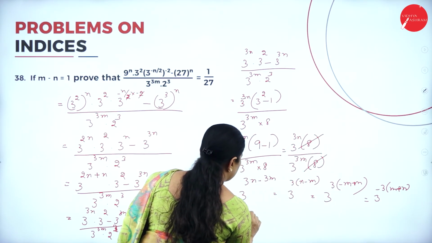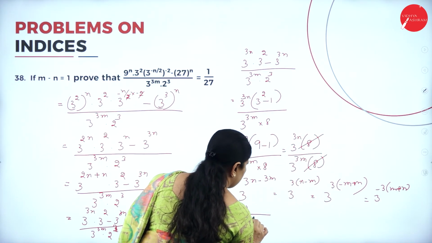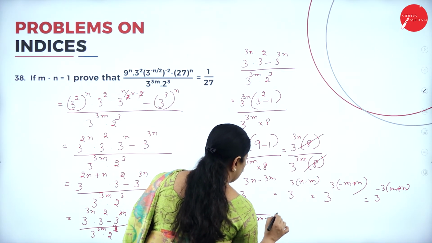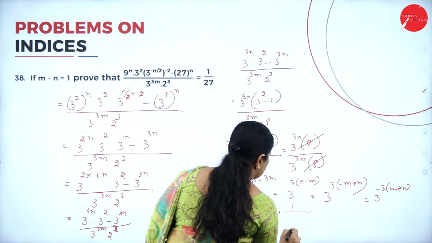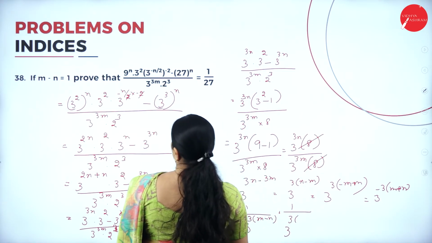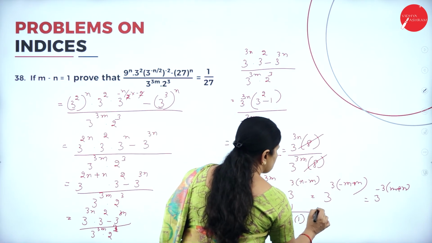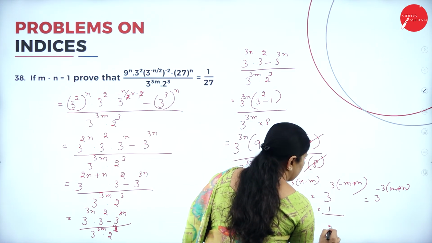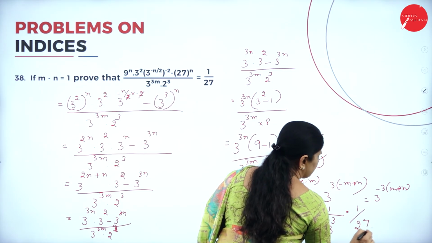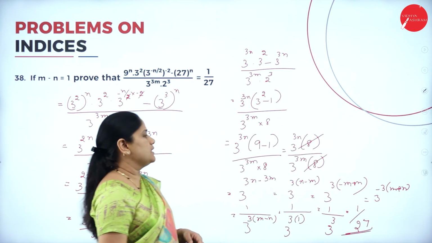So I can write it as 1 by 3 cube to the power of m minus n. So this will be equal to 1 by 3 cube, since m minus n is equal to 1. So this will be equal to 1 by 3 cube, so that will be 1 by 27 is the answer.